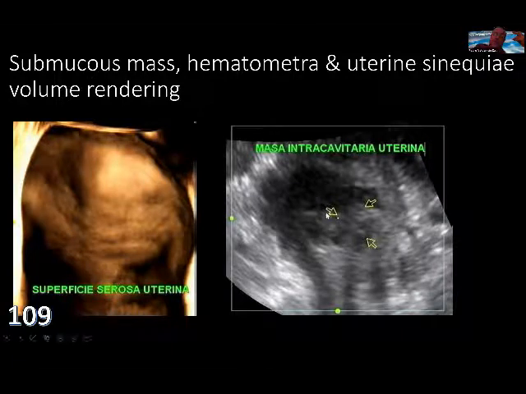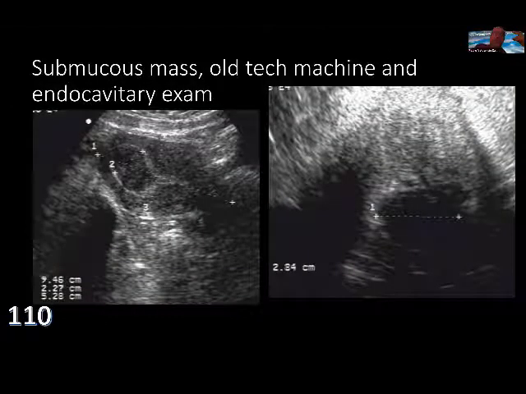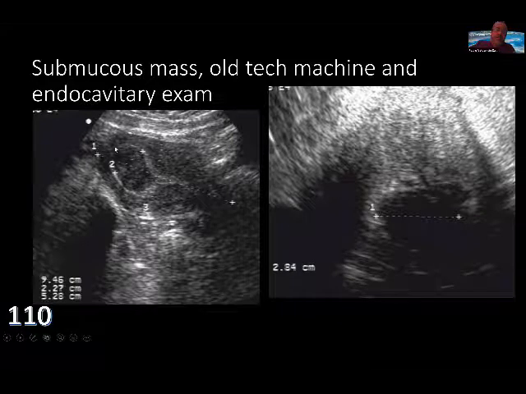In the volume rendering, we see an ill-defined thing inside. This is the uterus from outside. This can be seen sometimes as if you were performing a laparoscopy. And with old machines or basic, relatively ugly machines, you can use that, diagnose that, be confident of what you are saying.